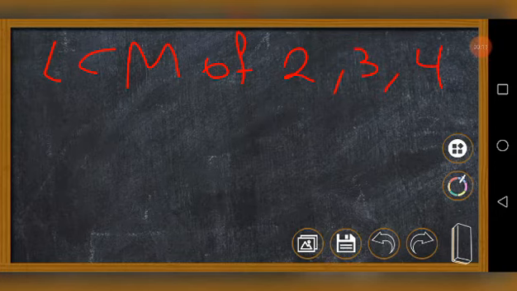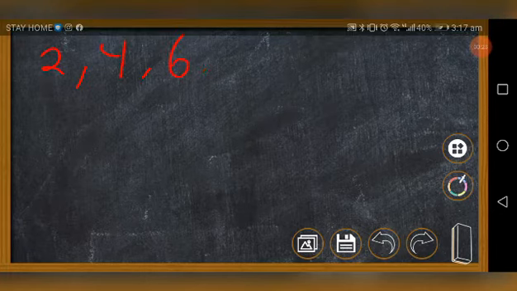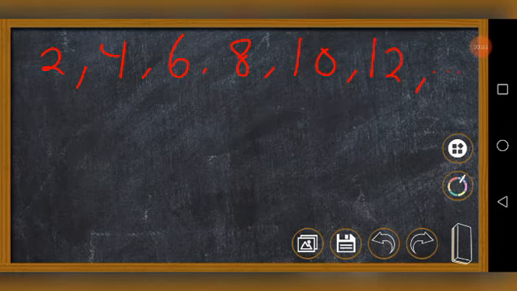Now try to find the LCM of 3 numbers, 2, 3, and 4. So I'm gonna list the multiples for each number and take the common multiple between them which is least. Now the multiples of 2 are 2, 4, 6, 8, 10, 12, and go on.